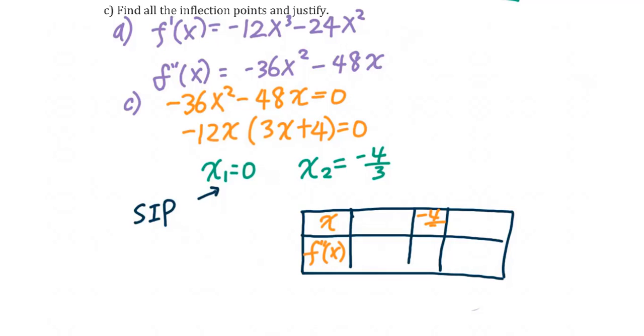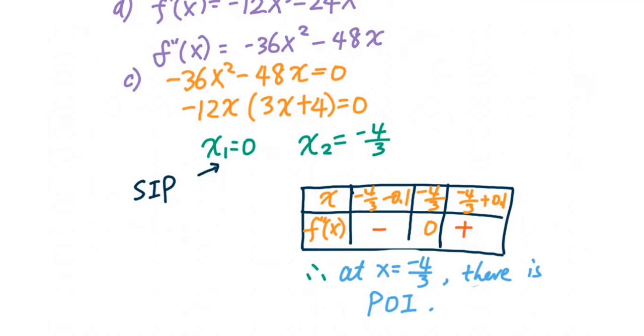Negative 4 over 3, you will get 0. Negative 4 over 3 plus 0.1, negative 4 over 3 minus 0.1. Since there is a sign change for the second derivative, at x equals negative 4 over 3, there is a point of inflection.